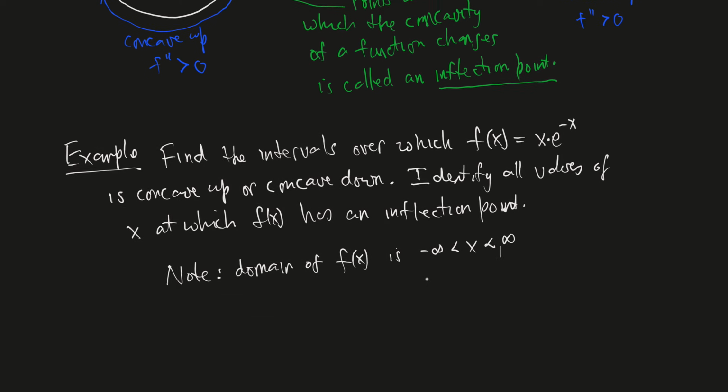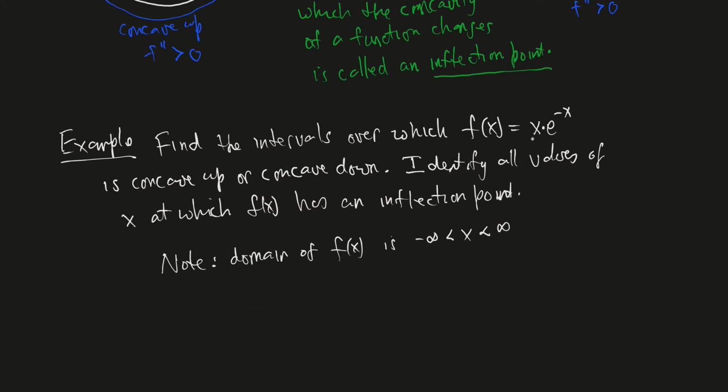All right. So what we have to do is differentiate this function twice. That's the calculus part. And then we're going to have to find the zeros of the second derivative. And we're going to use a number line to help us figure out the solution to what will be nonlinear inequalities.